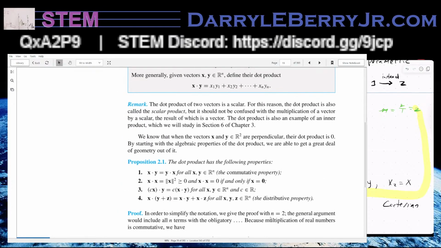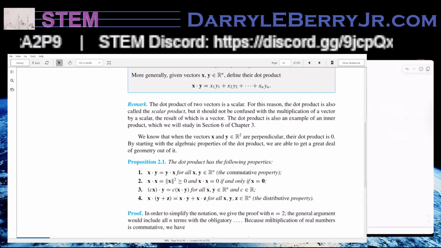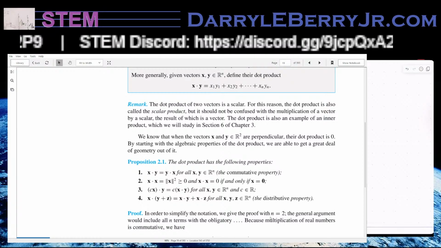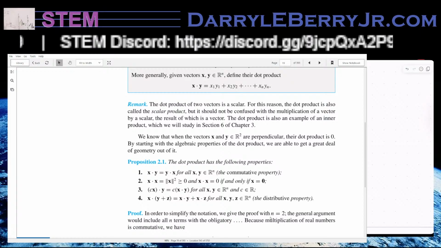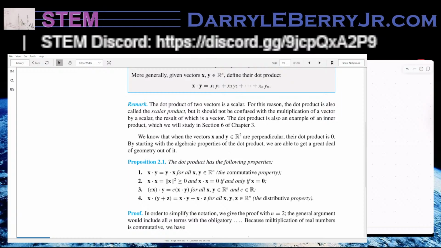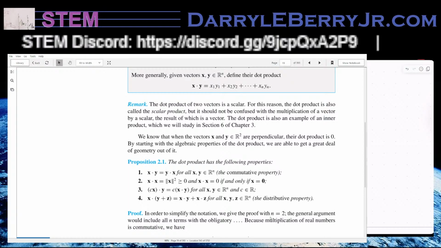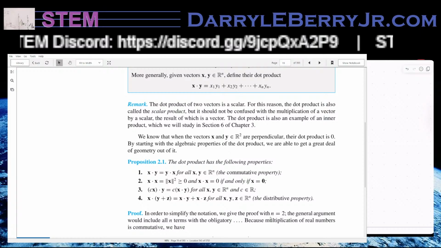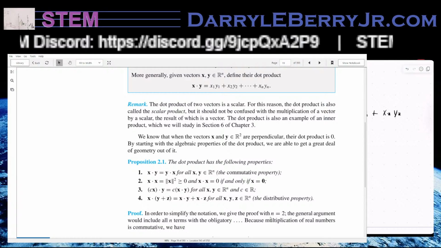Dot product, very important. So the dot product of two vectors has these properties. x dot y, x1, x2 dot y1, y2, equals x1 y1 plus x2 y2.